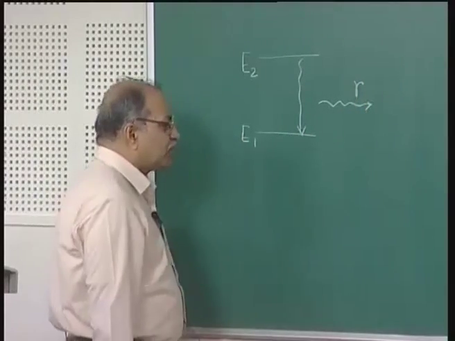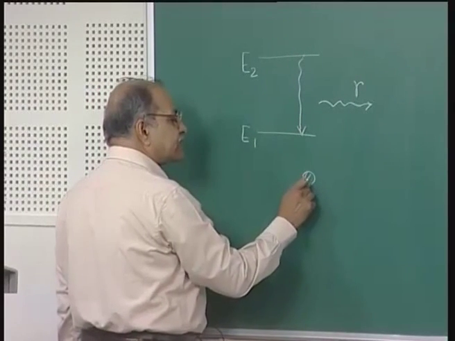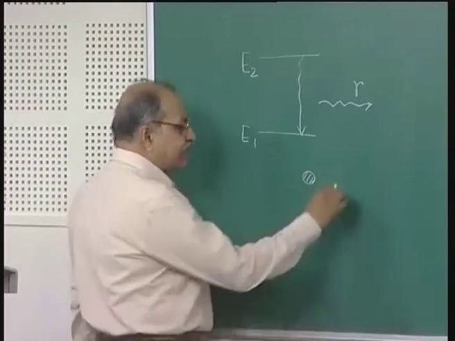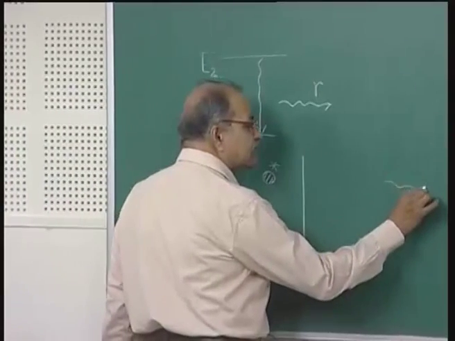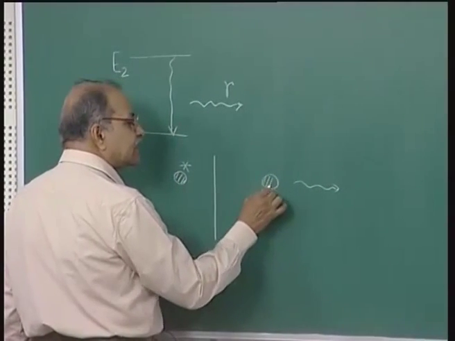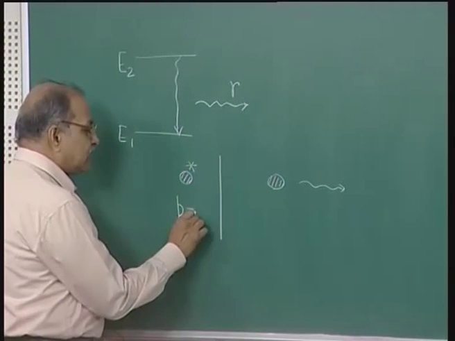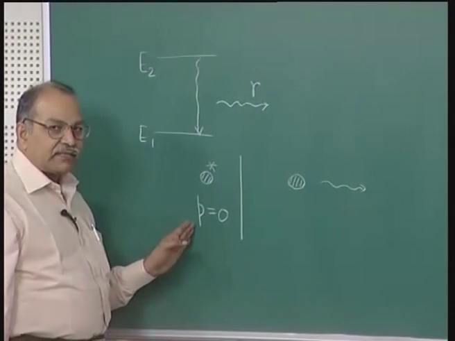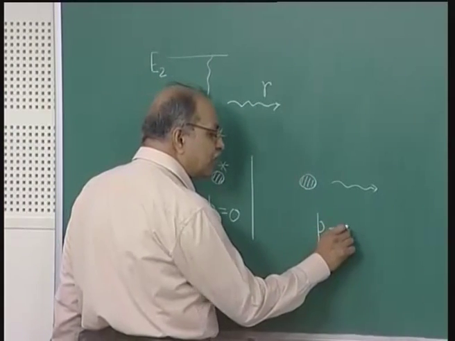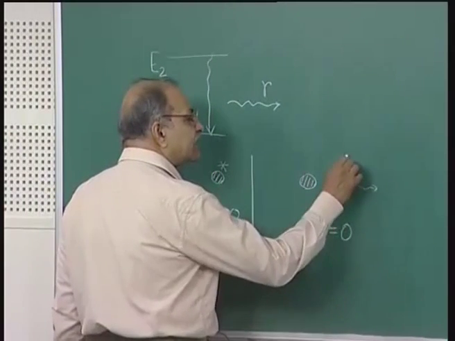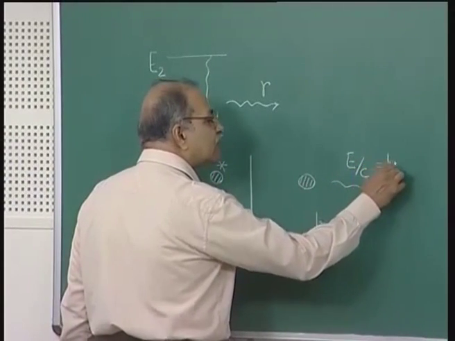So, this is school physics, you know. If you have a nucleus here in an excited state at rest, this is the initial condition, and then it de-excites and the gamma ray is emitted, and here is that nucleus in the ground state. So, the total linear momentum here is 0, and therefore, if I apply the conservation of linear momentum principle, the total momentum here should also be 0. Since this gamma ray is taking away a momentum of E by c, this is the momentum of the gamma ray.